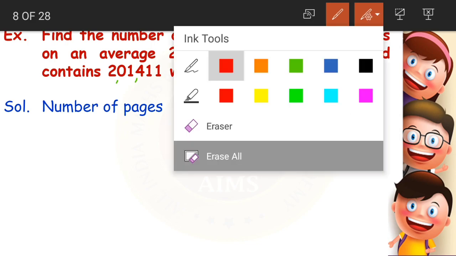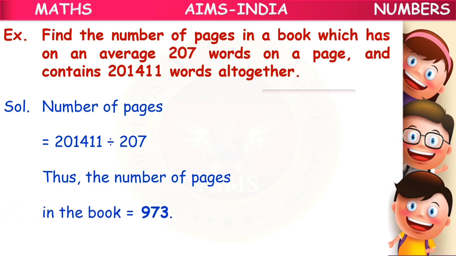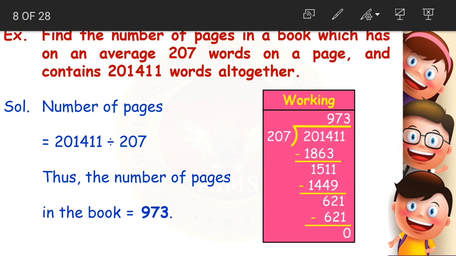How will we find out students? Yes, we find out by dividing the total words with the number of words on a single page. Now when we divide both of them together, you know how to divide, right students?